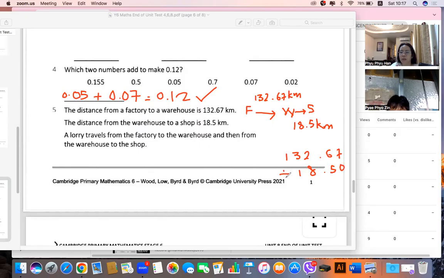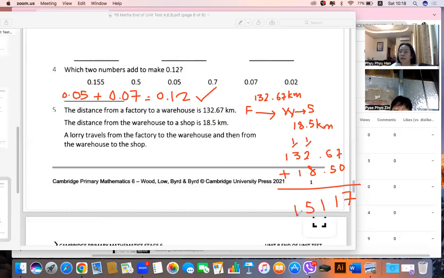You can put 0 now. So 7 plus 0, what do you get? 7. Okay, 6 plus 5, 11. So I put 1 here. Okay, 10 plus 1, 11. Okay, 4 plus 1, 5. And 1.